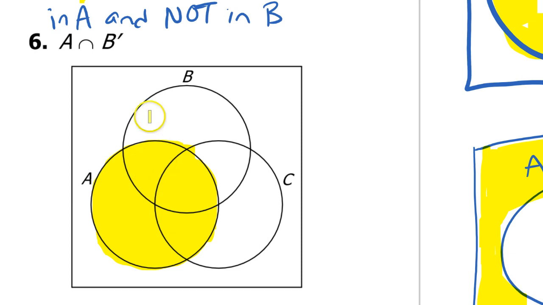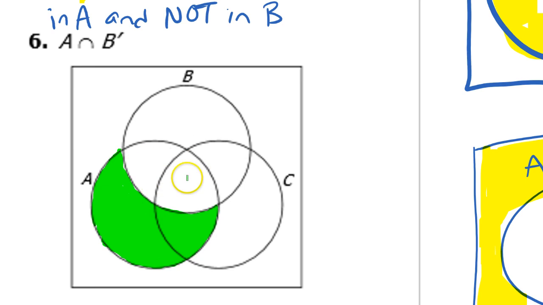You can probably see that this portion right here is in B. So we need to throw out that part. We really just want to shade in the part of A that is not in B. So it's just going to be this part out here. So here I've shaded in the part of A that is not in B.